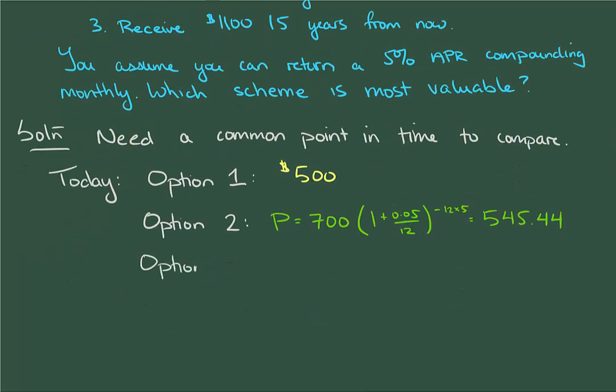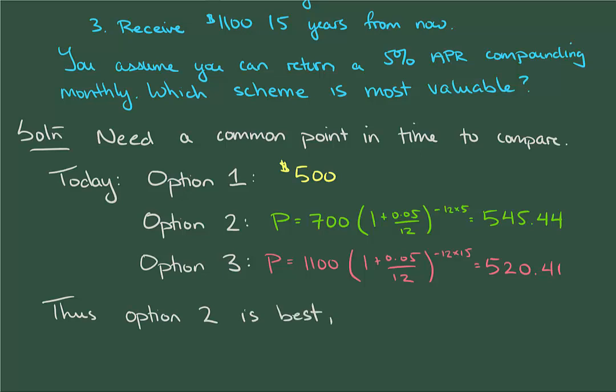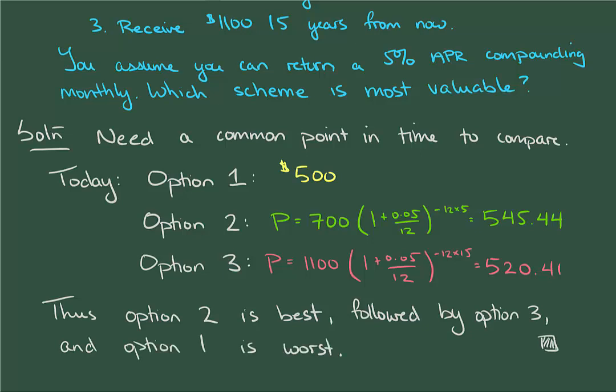Option 3 is exactly the same, but it is $1,100 15 years from now, so when we pull it all the way back that 15 years, we get $520.41. Comparing these three values, it's pretty clear that option 2 is the best, followed by option 3. Option 1 is the worst. And there we are, we're done.